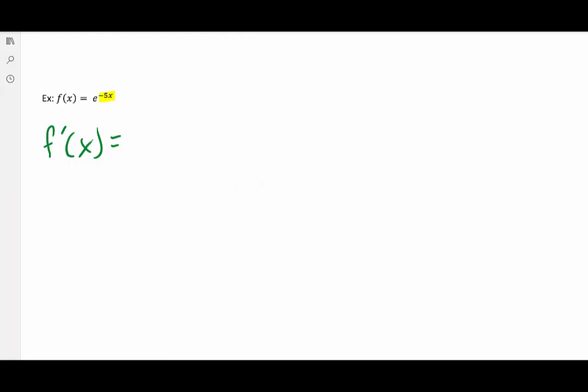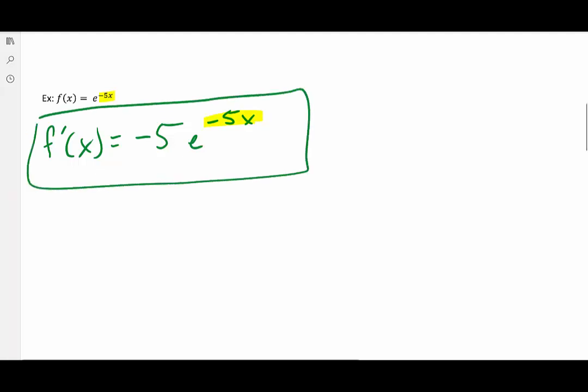The derivative of negative 5x is negative 5, and it multiplies e to the exact same power. Notice the power on e did not change. And that, folks, is our derivative. It's just that straightforward. You bring down the derivative of the power, and it multiplies e to the original power.